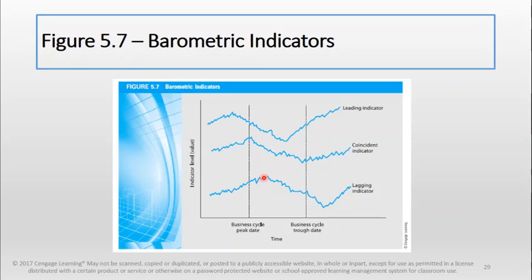Same with the trough date. The real decline happens only after the said business cycle trough date. So, that is leading, coincident, and lagging indicator. Again, these indicators don't show the magnitude of the change. They just refer to the direction. Leading goes first, coincident is the same, where lagging comes later.